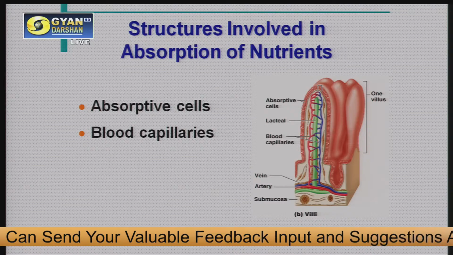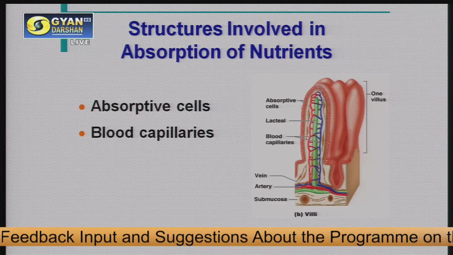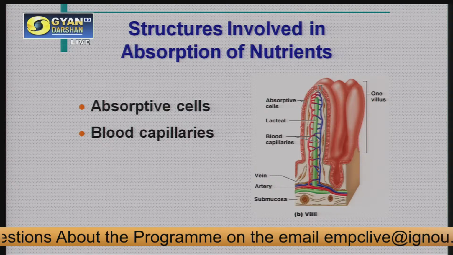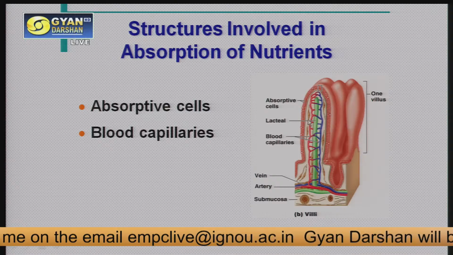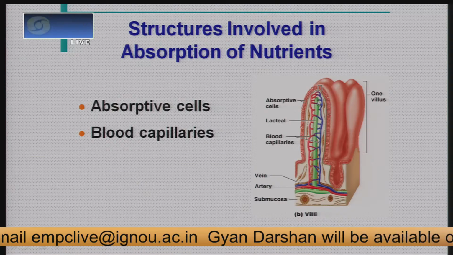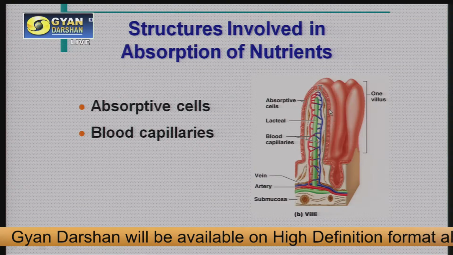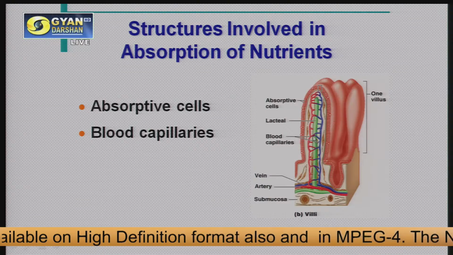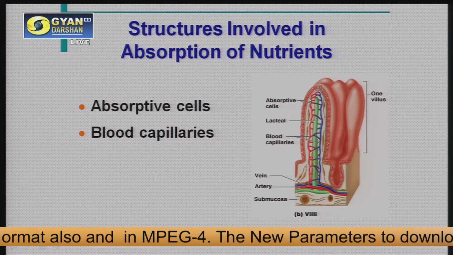Now these structures are absorptive cells, then blood capillaries, and in between here you will see a very important structure that is called the lacteal, L-A-C-T-E-A-L. This is very important, and this is for the absorption of fats. Here also you will see many blood capillaries, and in the outer layer, this orange structure is the absorptive cells.